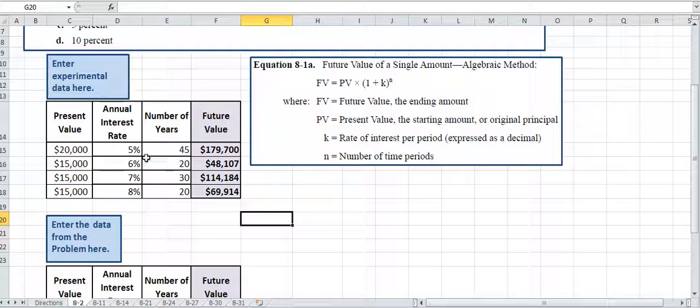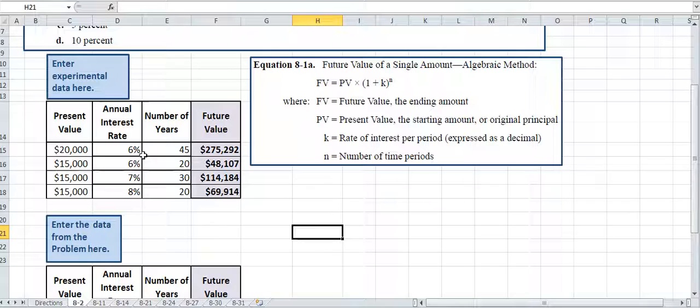And obviously, if you had a higher return here, if we bumped it up to a 7, it's going to grow a whole lot more. Look at that! Wow. Look over 45 years at the difference. Let's look at 5%, which is $179,700. If we just got one more percentage return, watch how that changes. It goes up by almost $100,000.